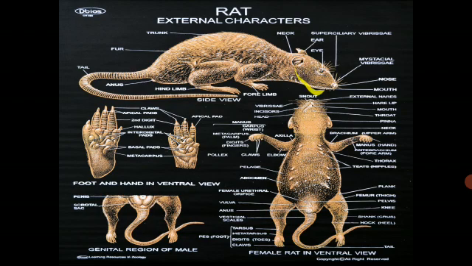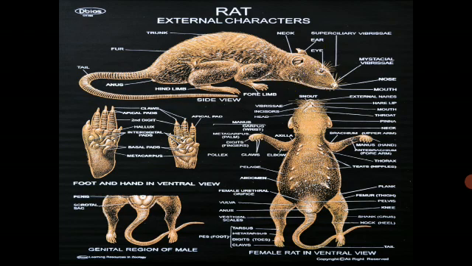Now the head is the first part, and the trunk is the third part. The head is joined with the trunk by a small neck, and it permits free movement of the head. Due to the presence of the neck, the rat is able to move its head from here to there.